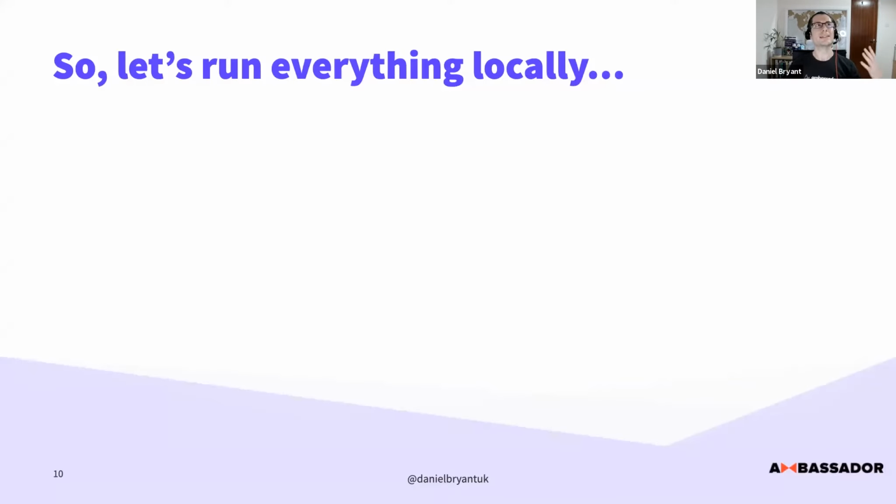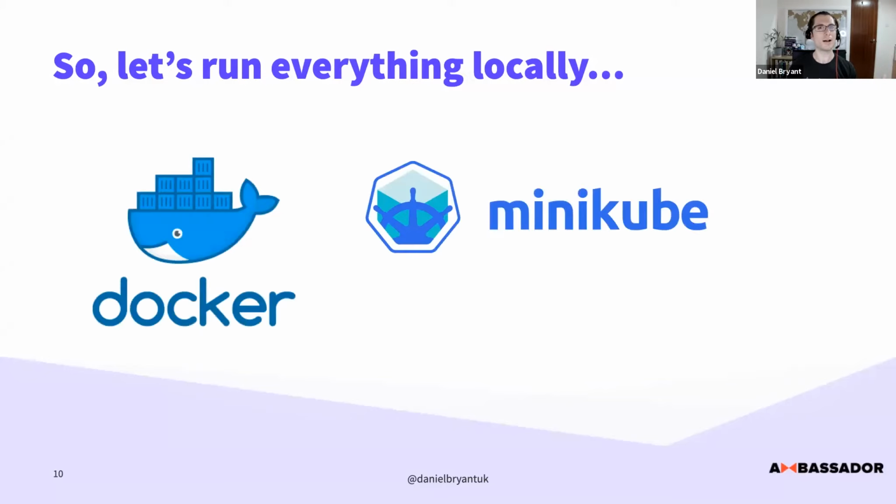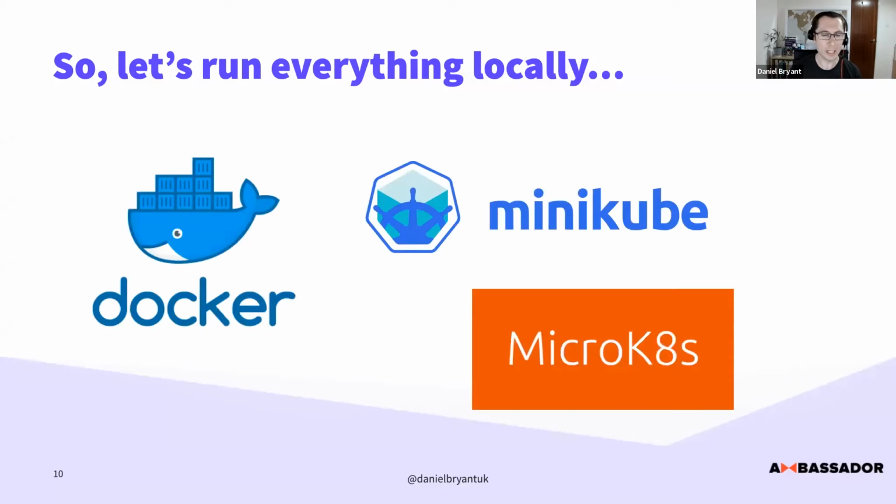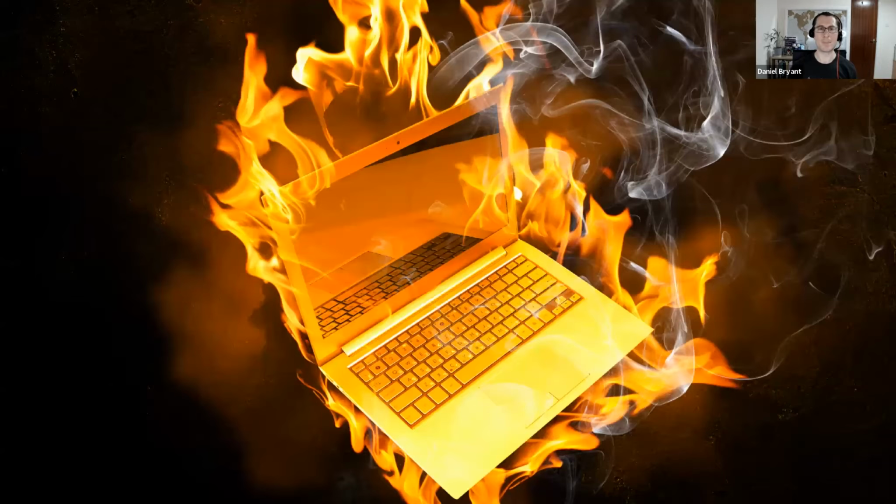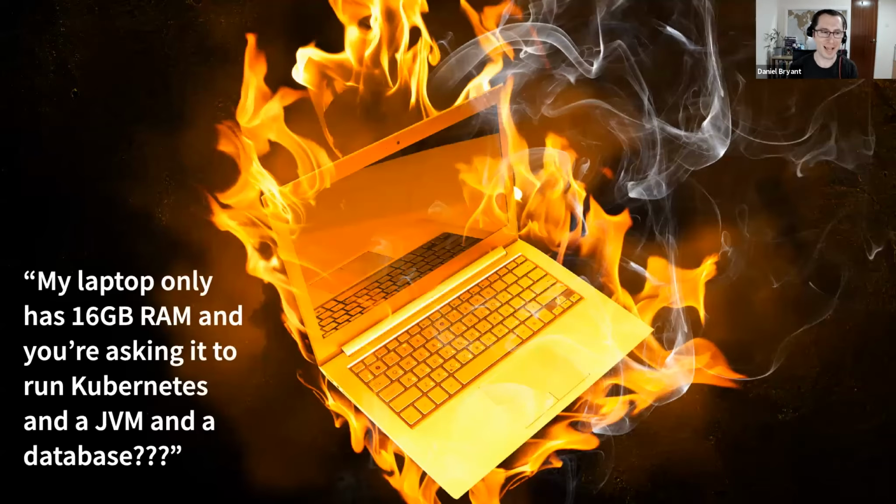So it's tempting to try and run everything locally. This kind of works, you know, you spin up Docker, love a bit Minikube, right? Micro-K8s, K3s, take your pick. It works if you're a small company, small amount of microservices. It soon breaks down, I find, and particularly I'm a big fan of the Java ecosystem, right? But I'll poke fun at the JVM a little bit, the Java virtual machine.